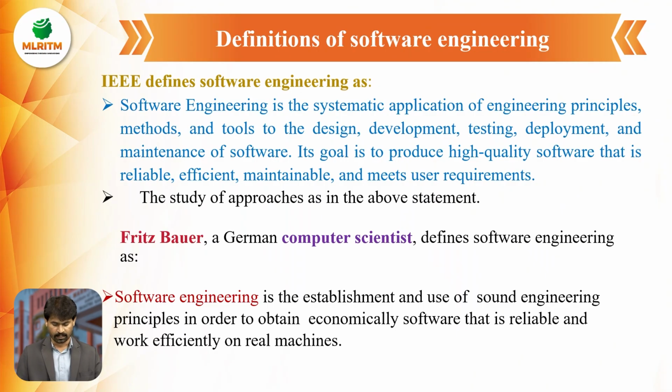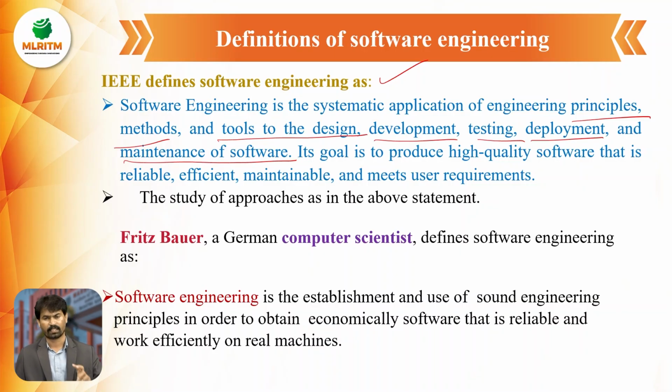Definition of software engineering. As per the IEEE definition, software engineering is the systematic application of engineering principles, methods and tools to the design, development, testing, deployment and maintenance of software.